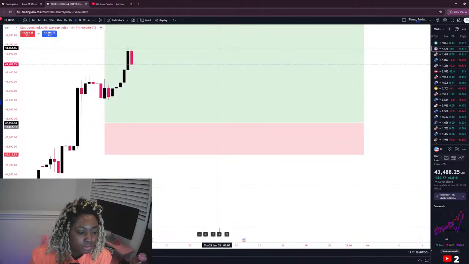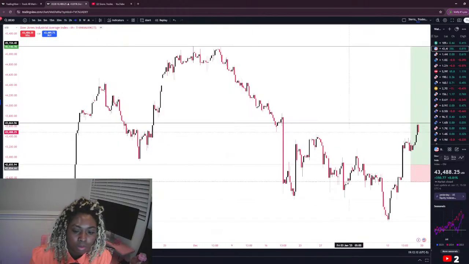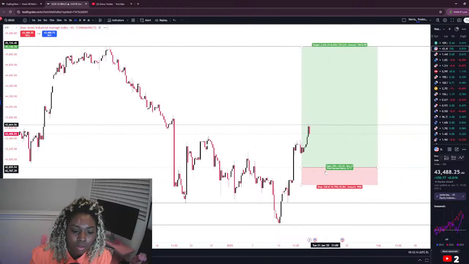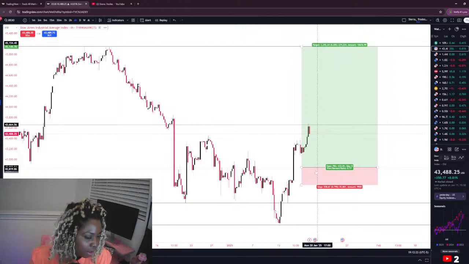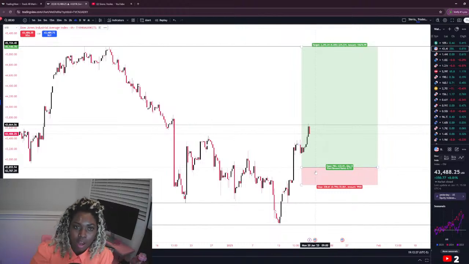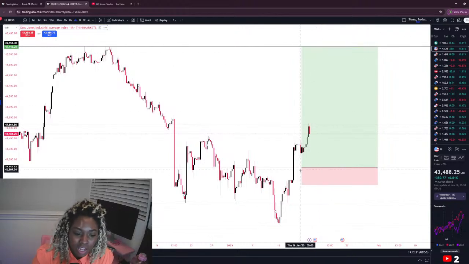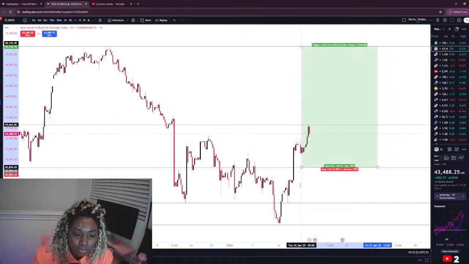Where are we? This is a 338 point stop loss. On a dollar trade, that would be a 338 loss with a $2,000 plus gain, right? For my account, it's just a little too much risk.